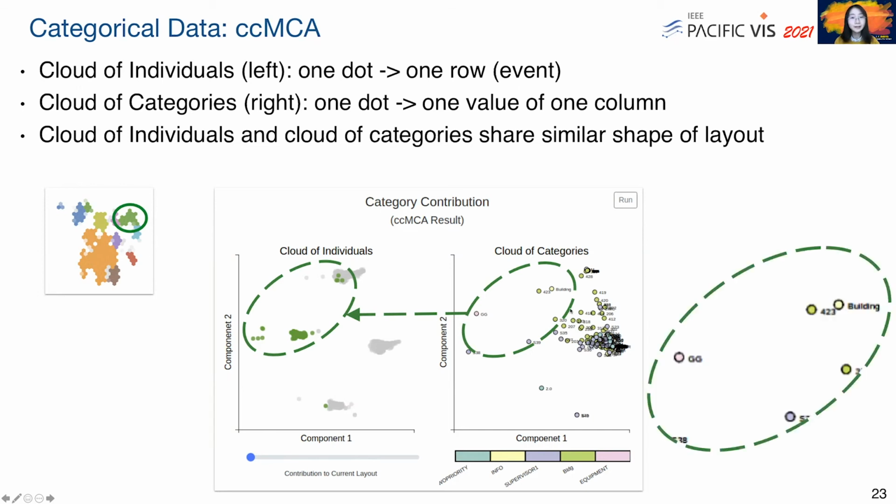So we can see that for this green cluster, the equipment type GG, the supervisor ID S38, S39, the building number 423, and the information type building contribute more to the separation of it.